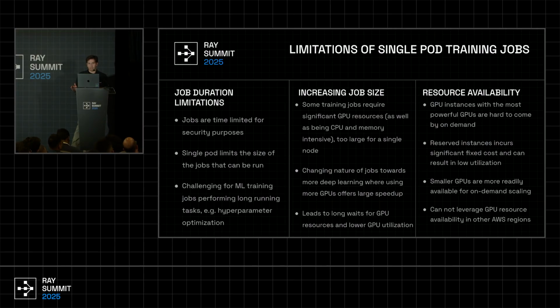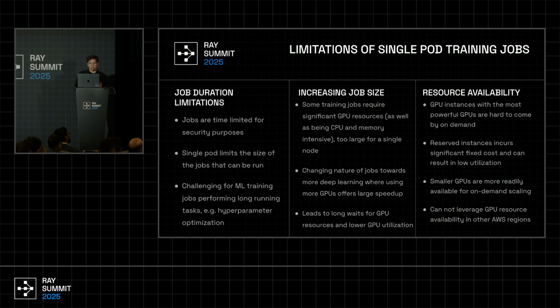And in these deep learning cases, using more GPUs can offer a lot of speed-ups by doing things like data parallel training schemes. So these things together cause a lot of contention for the GPU resources that we have among our different users on our platform. And because the mix of CPU, memory, and GPU that the users need does not necessarily correspond to what's available on the nodes, it can also lead to low utilization as an issue.